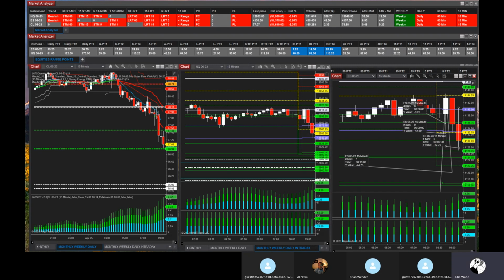Skipping time. All right, so we hit the range, waiting for the next bar.